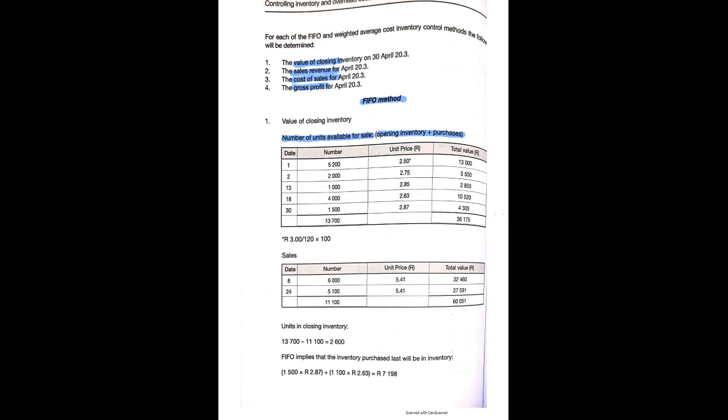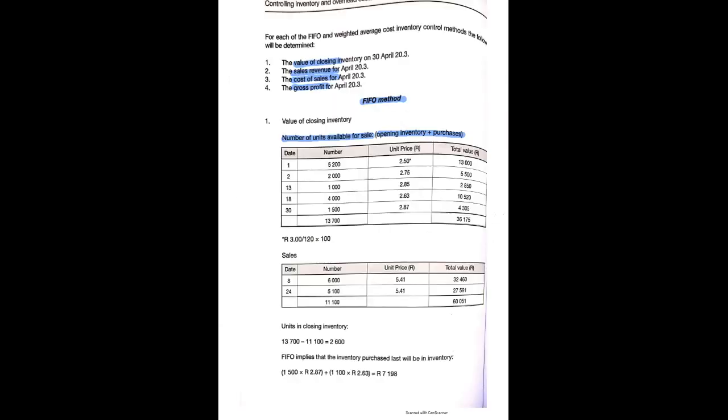So here you're going to only record your opening balance, which we had calculated on the previous page, was the 5,200 units at 2 Rand 50.